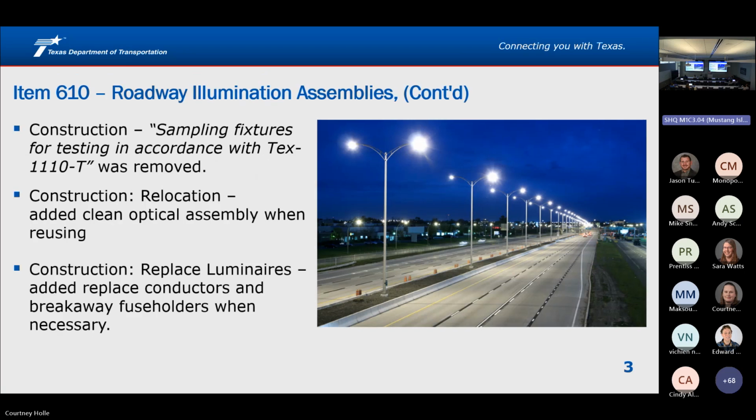In the construction section, sampling fixtures for testing in accordance with Tex method 1110-T was removed. When you're relocating an assembly, there was a note added: clean optical assembly when reusing. And for replace luminaires, added replace conductors and breakaway fuse holders when necessary.